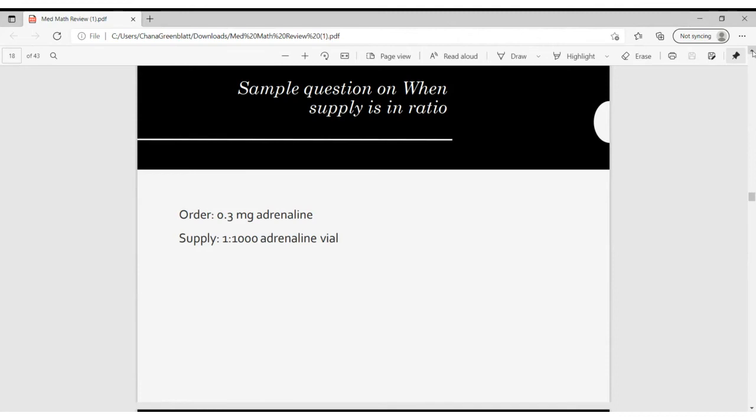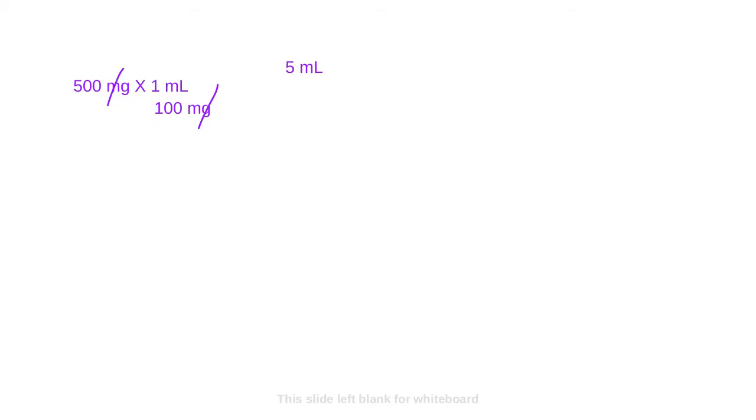So what we're going to do here is we are going to draw out our conversion. We are going to say what I want is 0.3 milligrams. But I need to figure this out.